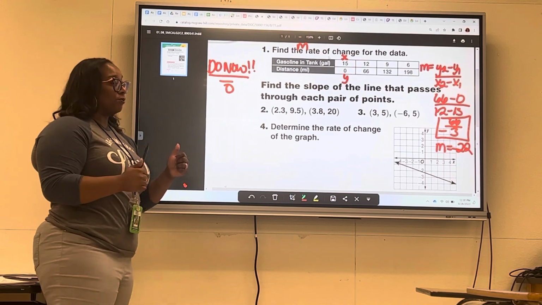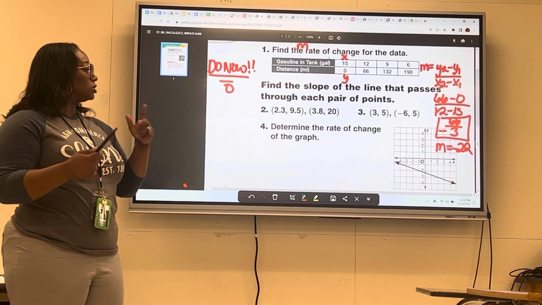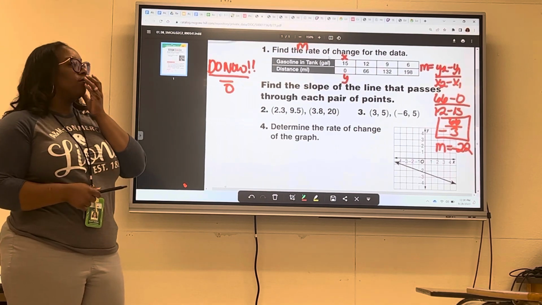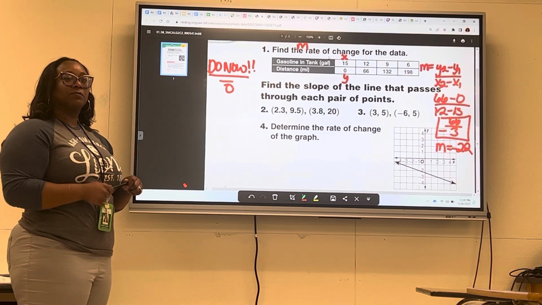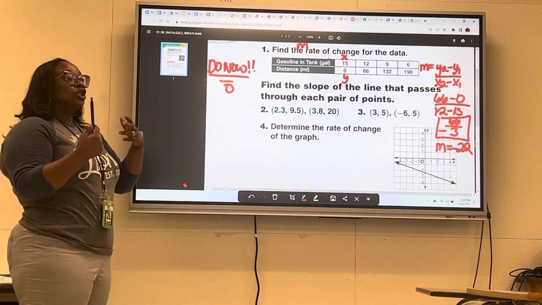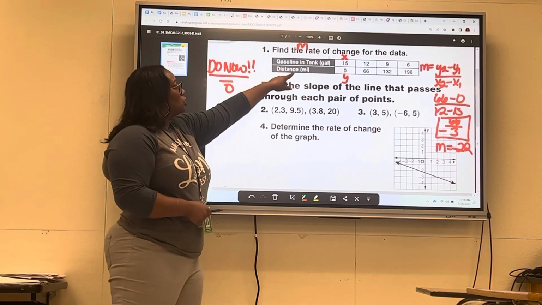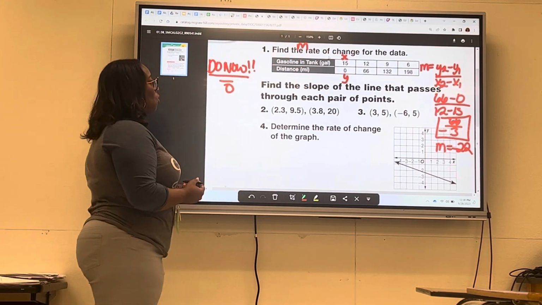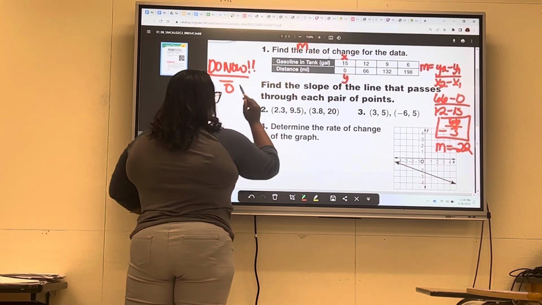That does sound pretty close to what it actually is for normal cars nowadays. A lot of them, maybe 19, 18 miles per gallon, 20 miles per gallon. That's what's happening. We know our rise, Y, goes over our run.